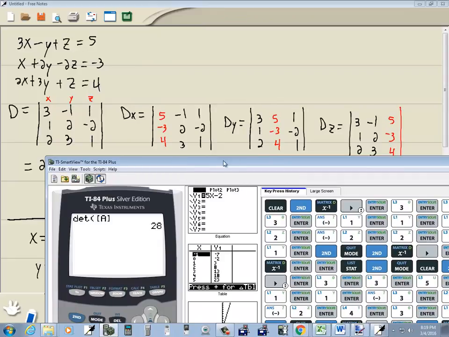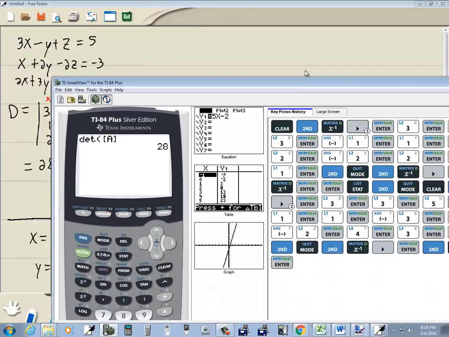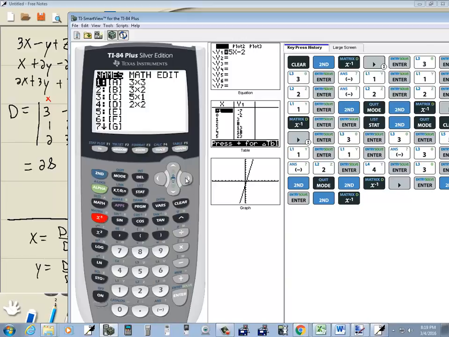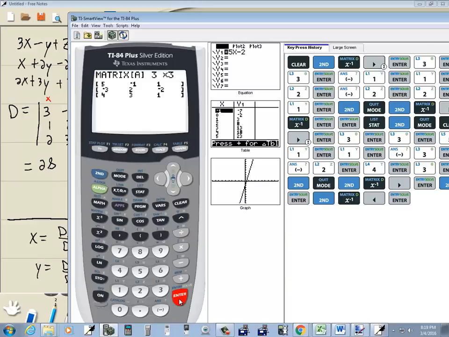Now we're going to do this one. So I'm going to do my second, and then my inverse button, the X to -1. Go over to edit, enter on A. It's still a 3 by 3.